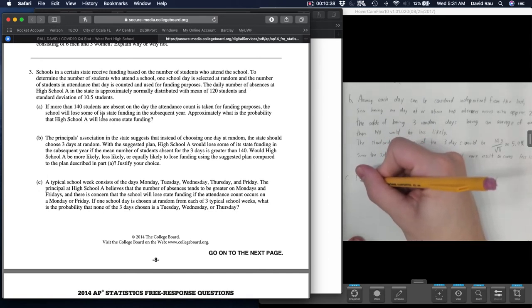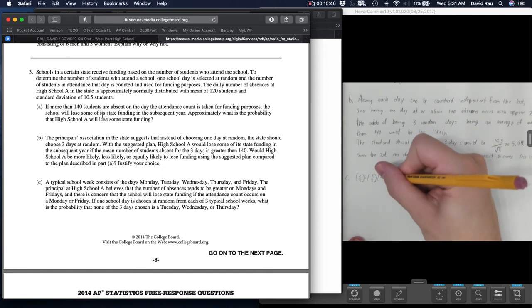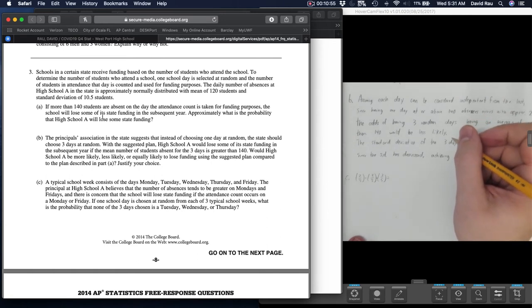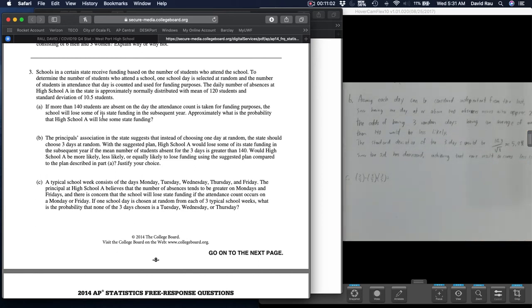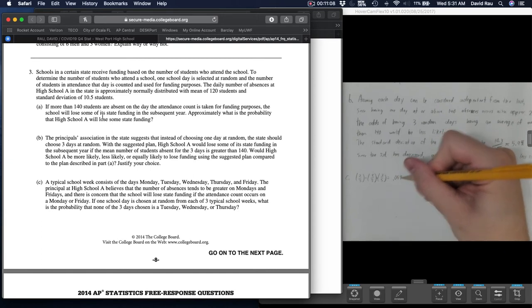That would happen, okay, we have 2 out of 5 is not choosing Tuesday or Wednesday, or Tuesday to Thursday. 2 out of 5 not choosing Tuesday to Thursday, 2 out of 5 not choosing Tuesday to Thursday. So that's the probability that none of the days are Tuesday through Thursday, and that is 0.064.